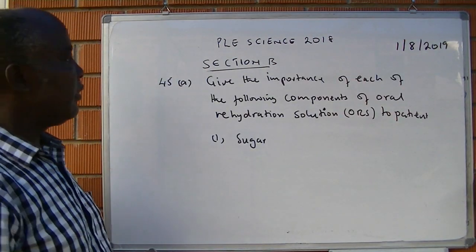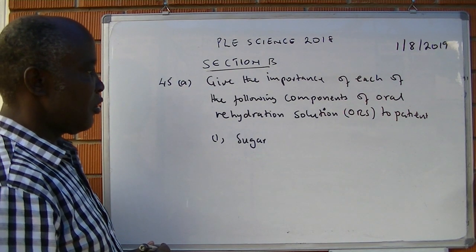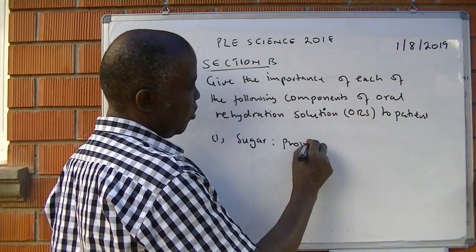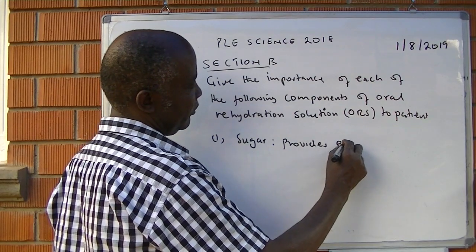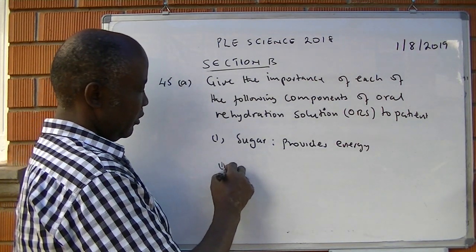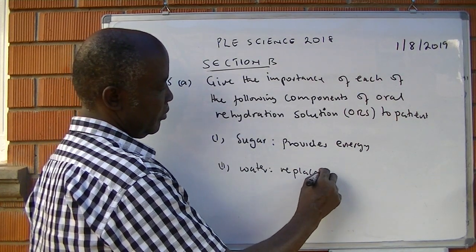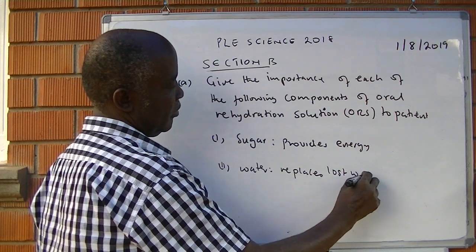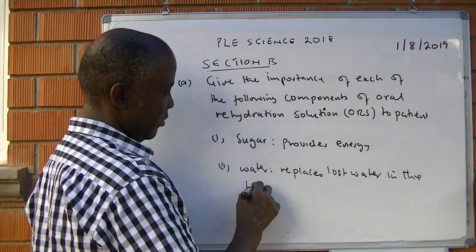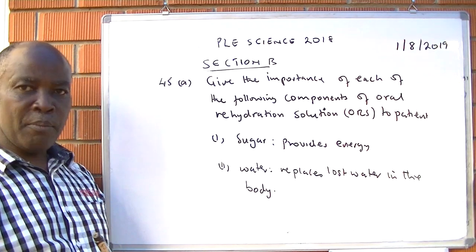Number 45A. Give the importance of each of the following components of oral rehydration solution to the patient. 1. Sugar provides energy. 2. Water replaces lost water in the body.